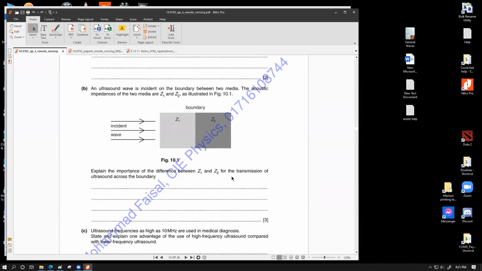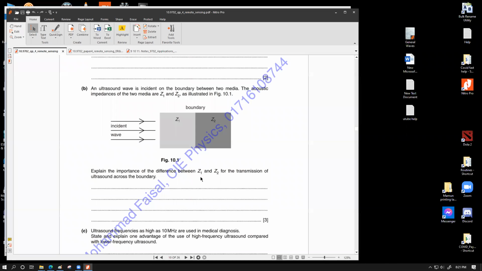If I was writing this answer, this is a 3-mark question, I'd write the equation first. And then I would say that if the values of Z1 and Z2 are quite close to each other or quite similar, I'm not going to write same, because same would mean 0, then the numerator is really small, and the whole fraction value becomes very small, which means the reflected portion is really weak.